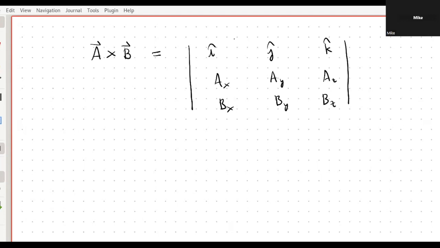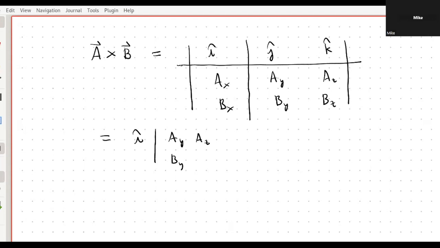So, this is actually yung expansion by minors. So, the method looks like this. This is equal to I hat determinant of AY, AZ, BY, BZ.